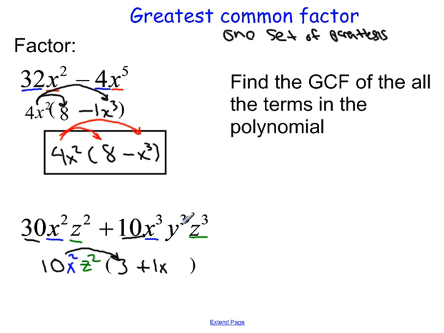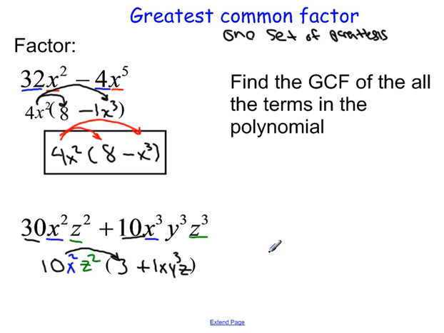There's a y to the third here. There isn't a y to the third on the outside, so I can just write a y to the third here. It's like saying 1 times y to the third gives me y to the third. Then you got z squared multiplied by something has to give you z to the third, so that's z squared times z.